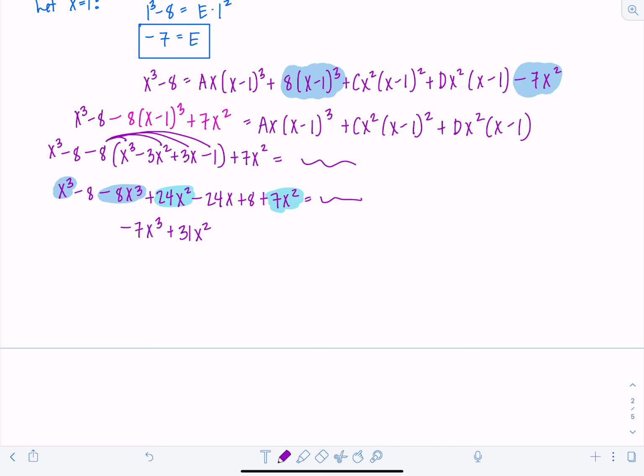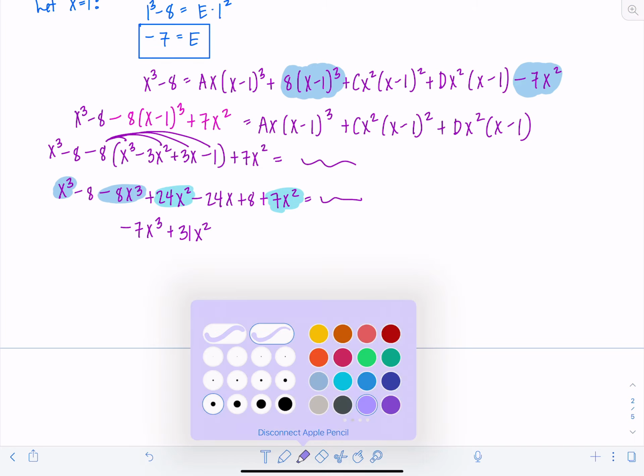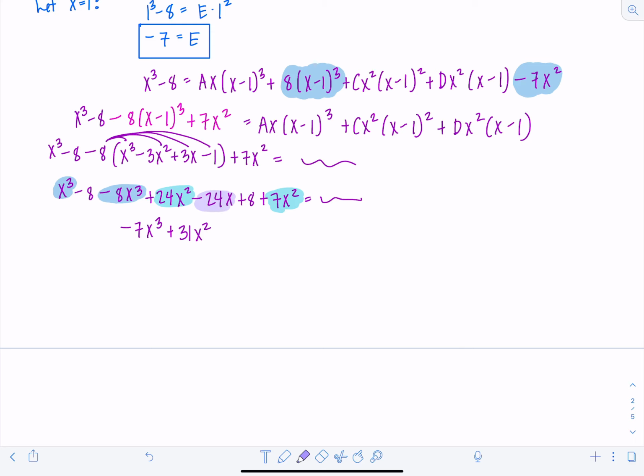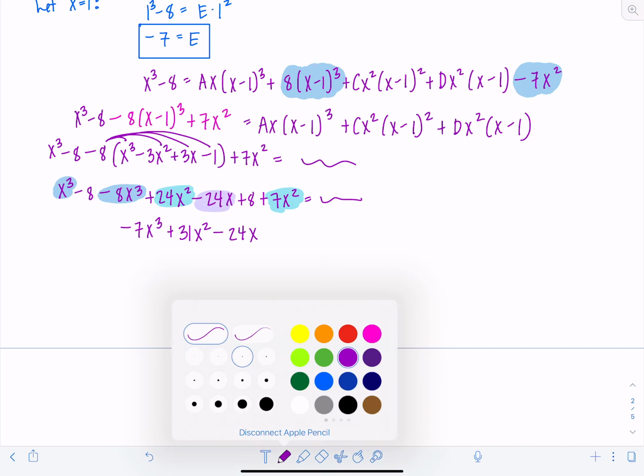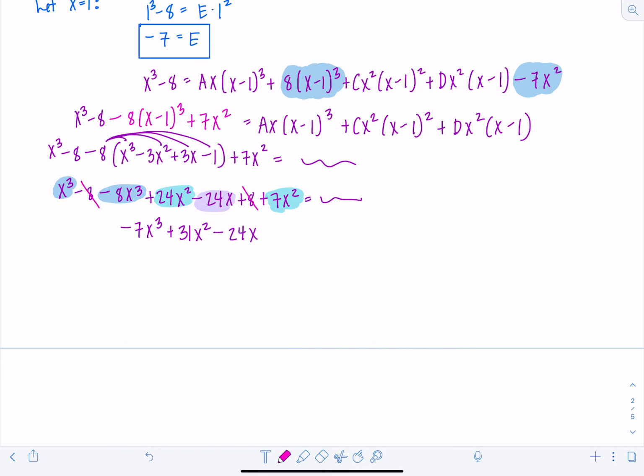And then I've just got the one lonesome negative 24x. And then look at that. Oh my goodness, the 8's cancel out. Lovely. And this equals, now we're going to write the whole mess out, ax times x minus 1 cubed plus cx squared times x minus 1 squared plus dx squared times x minus 1.